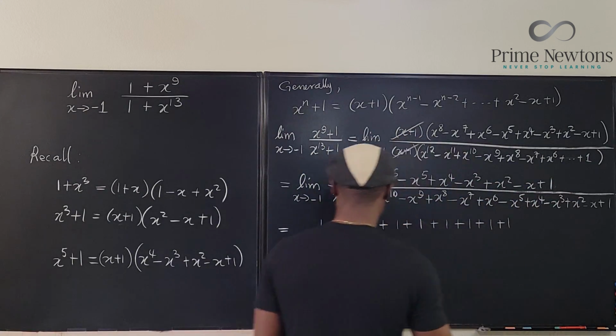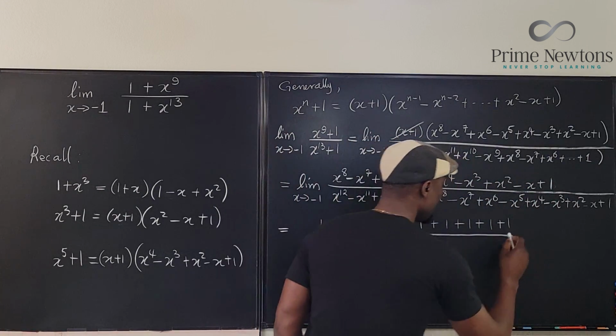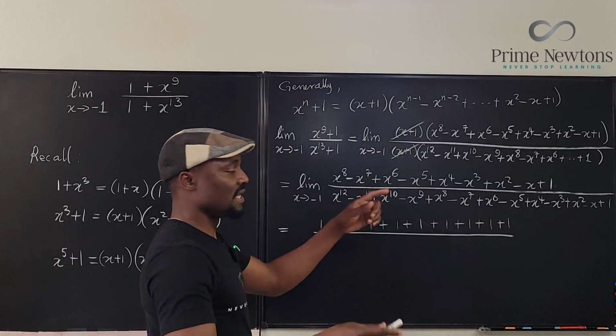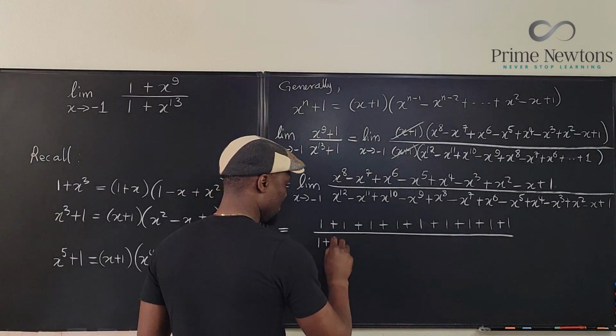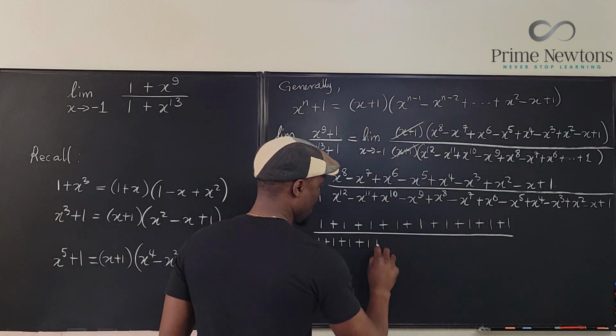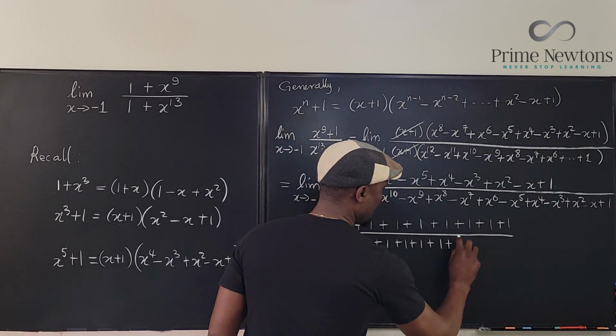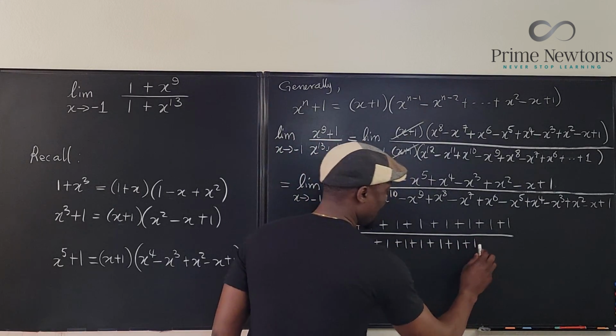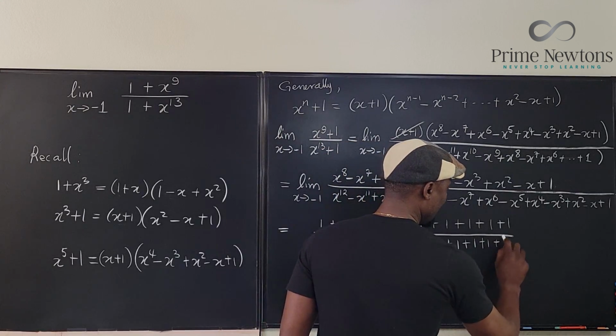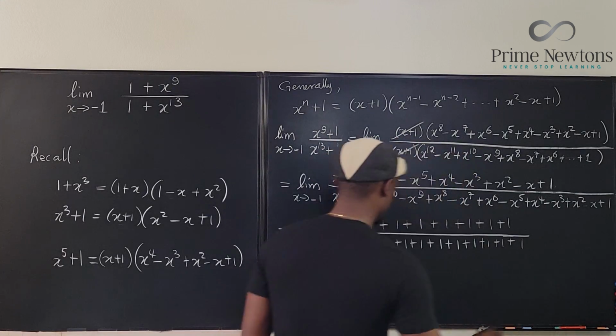You've got 9 terms on top, and under you have 13 terms. So it's going to be 1, 2, 3, 4, 5, 6, 7, 8, 9, 10, 11, 12, 13.